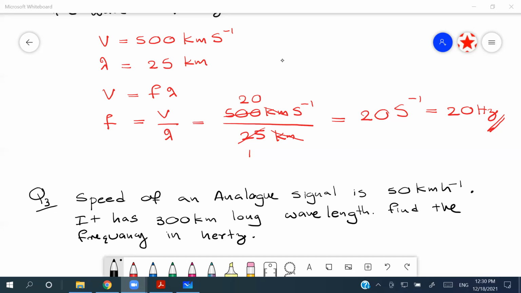Wait, Lama, give me a second. Give me a second.